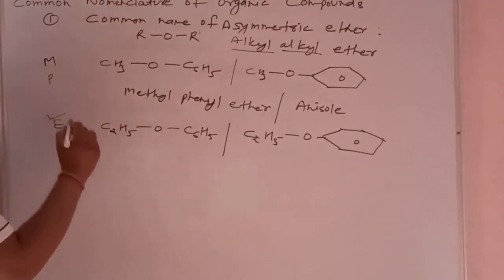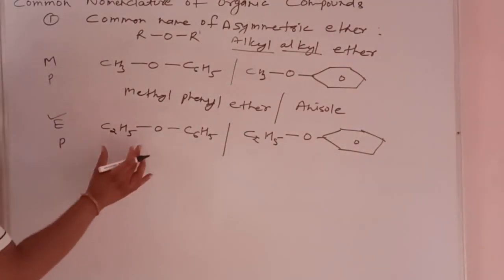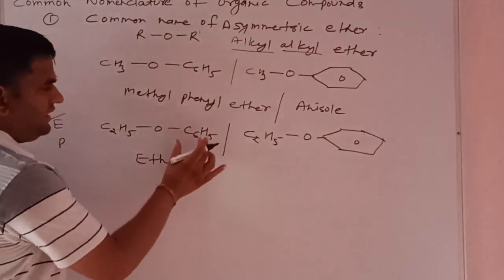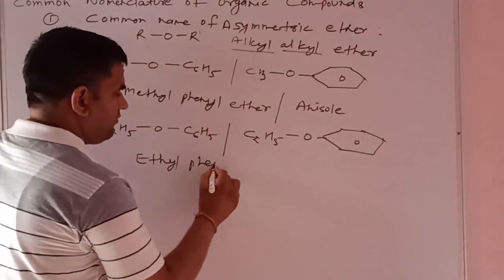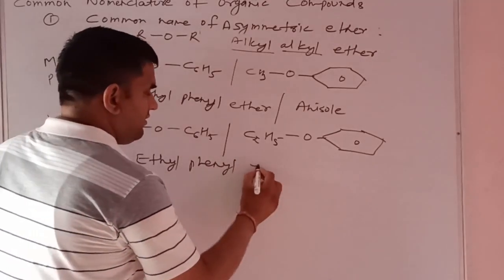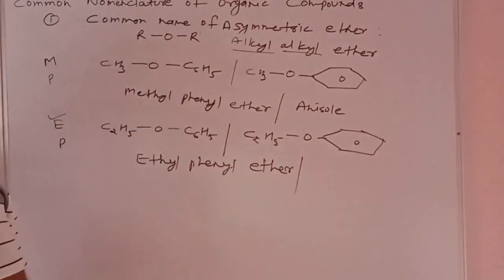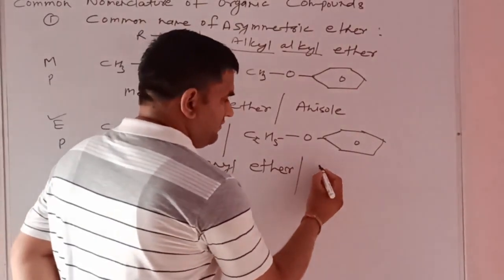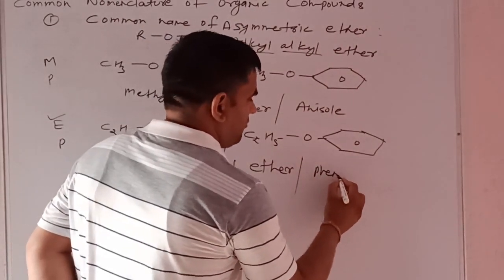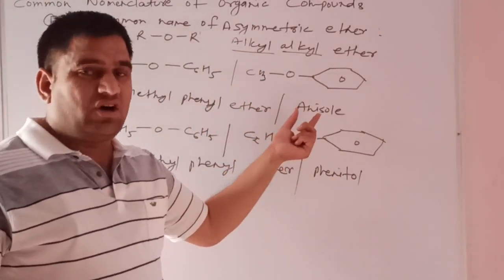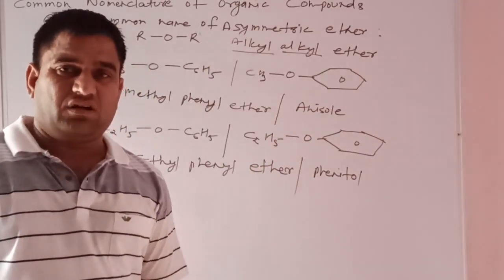So firstly write ethyl. So the common name of this ether is ethyl phenyl ether, and the other name of this ether is phenetole. This is anisole and this is phenetole.